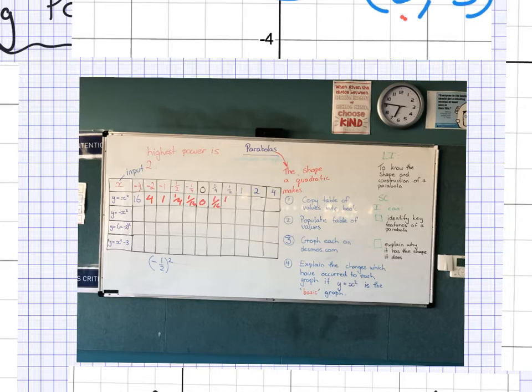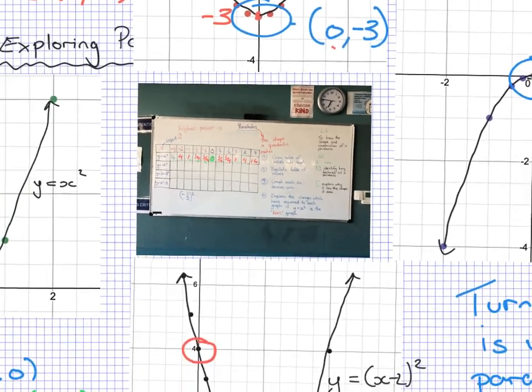All right, and that pattern should have been symmetrical. So if you look here at the numbers, you can see that it goes 16 outside, and then the next number in is 4, and then the next number is 1, and then a quarter, and then 0. So it's symmetrical, and this 0 here is clearly the middle of the symmetry. All right, so in this case, 0 would be the axis of symmetry.